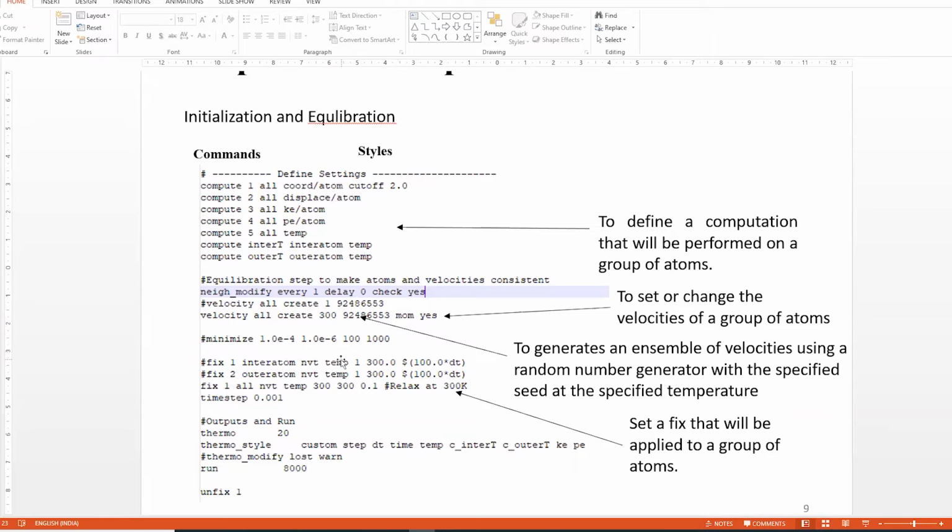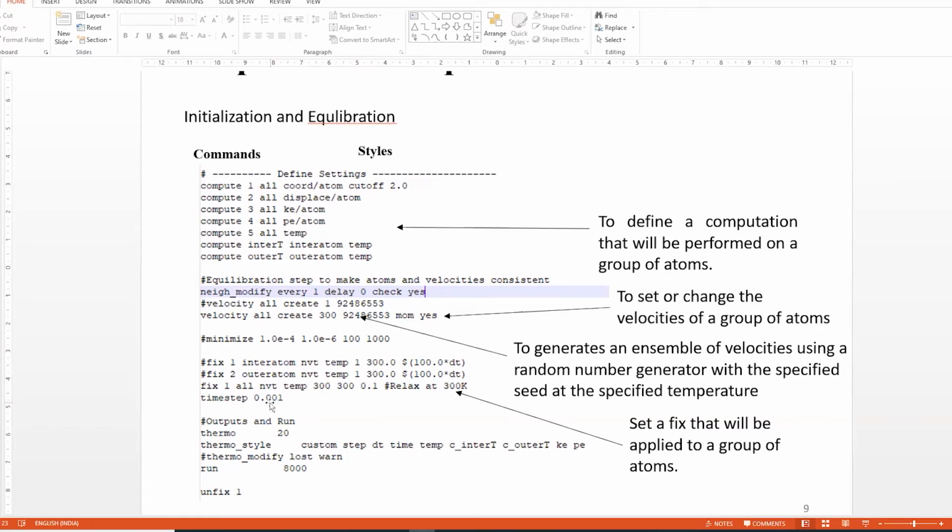So there are different techniques to minimize your simulation cells. So here I am using NVT for the minimization. Okay. That means temperature, volume and the number of particles will remain constant during the minimization. So from 300 to 300 Kelvin, I am relaxing my simulation box with a time step of 1 femtosecond.